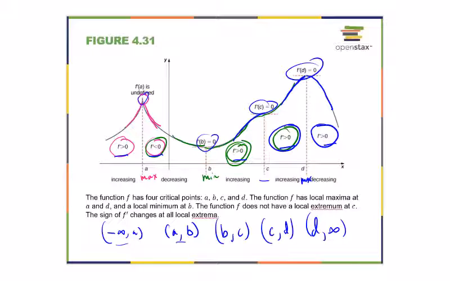Okay, and then from there we can figure out, plus on one side, negative on the other, this is going to be a max. Negative on one side, positive on the other is a min. Positive, positive means it's none of the above, and then positive, negative again is a max. Okay, so that's kind of how we would figure that out.